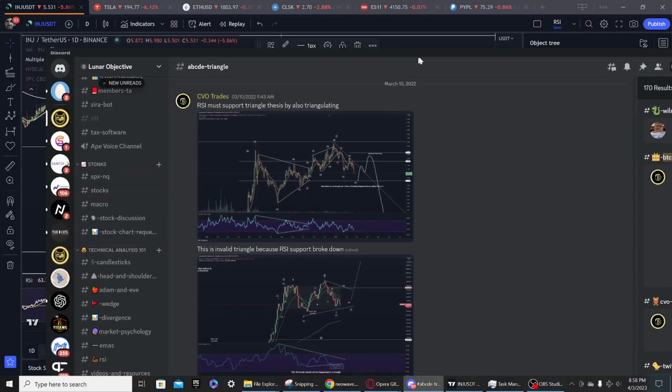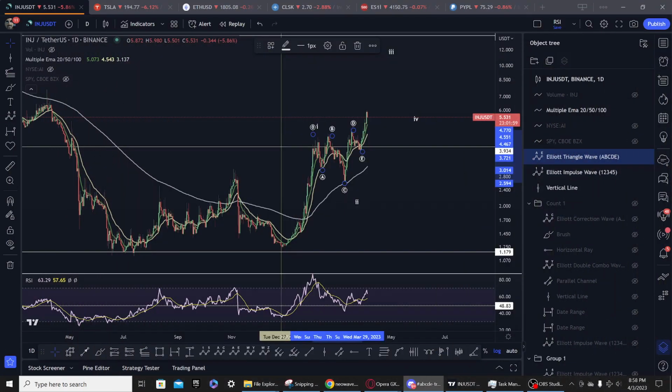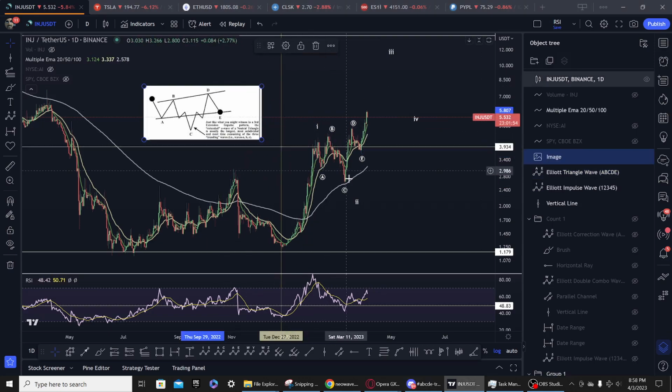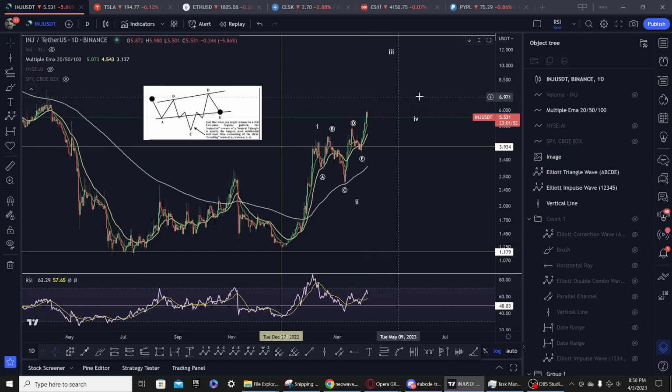It looks very similar to that. It basically looks exactly like it. So that could be one possible case.